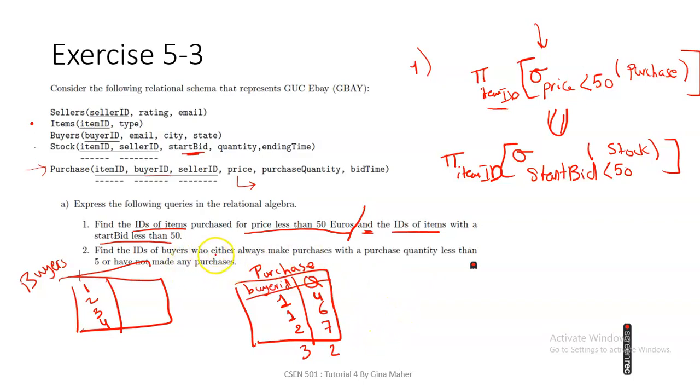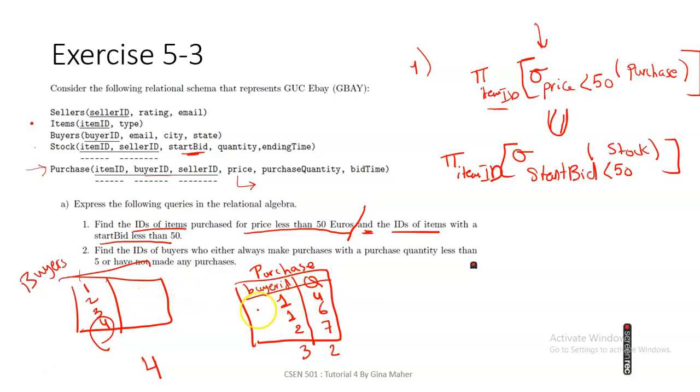We want the ID of the buyers who either always make a purchase with quantity less than 5 or haven't made any purchase. Which of those buyers haven't made any purchase? Actually, buyer number 4. So, buyer number 4 is part of the output because he hasn't made any purchase. Okay? From the other 3, which of these buyers always make a purchase with quantity less than 5?